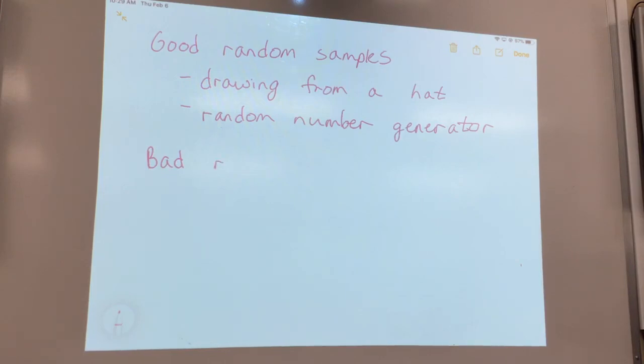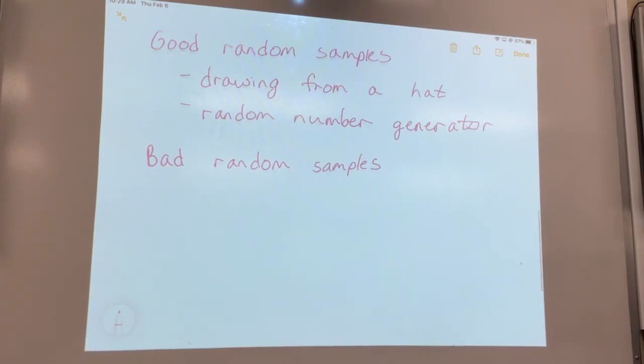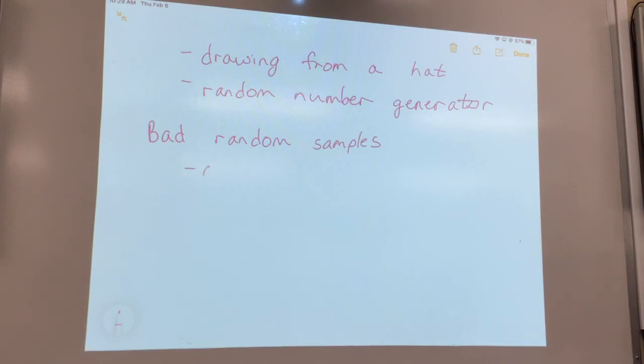And then bad random samples, and I don't actually mean bad. I just mean less good, okay? Not that good. The less than good random samples, what were some that they did? Ask a whole group, one whole group, that's bad. Okay, that's not a representative sample typically.